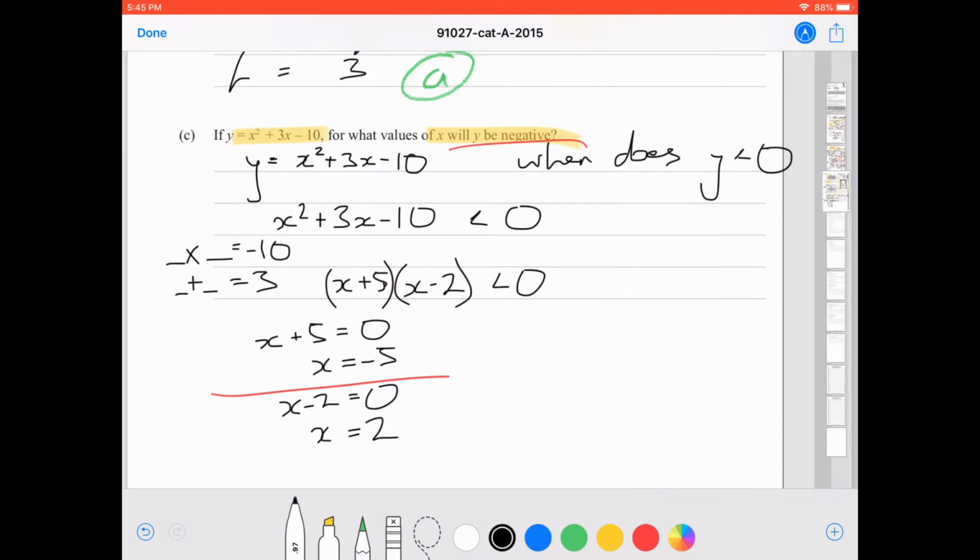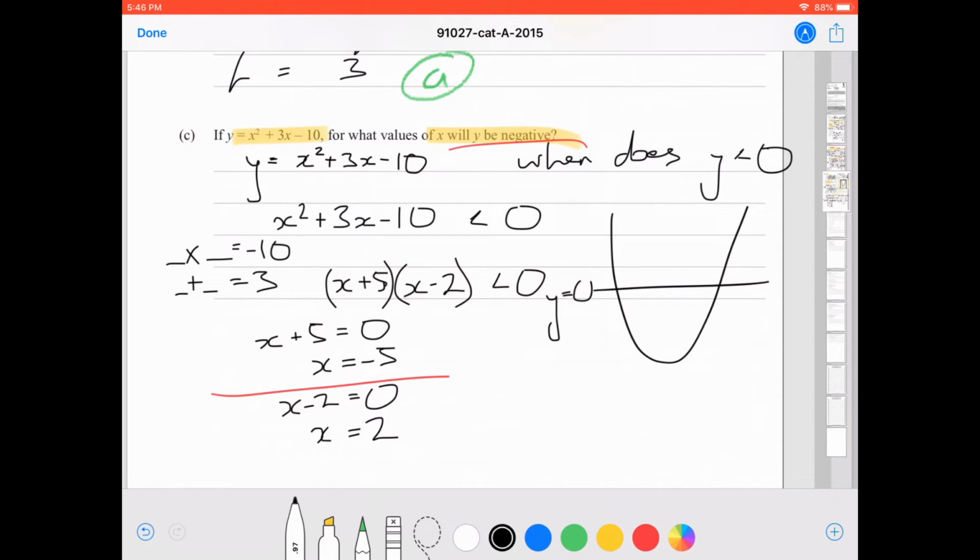Let's draw this quadratic. It's a parabola, a positive parabola. And we can draw our x-axis because, like we said in the earlier question, everything below the x-axis satisfies our inequality here.